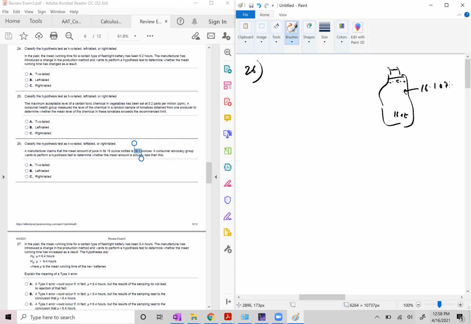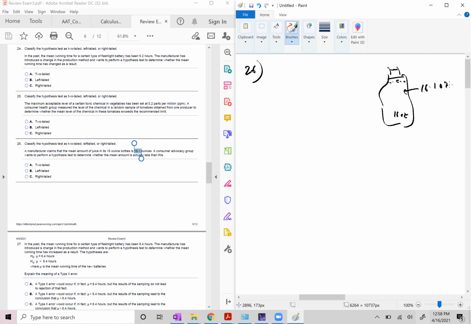Now a consumer advocacy group wants to perform a hypothesis test to determine whether this person is telling the truth or not. So they are testing whether the mean amount is actually less than this. Now if there's more than 16.1 ounces or exactly 16.1 ounces as the manufacturer claims, there's no issue, because there's no problem to the consumer.